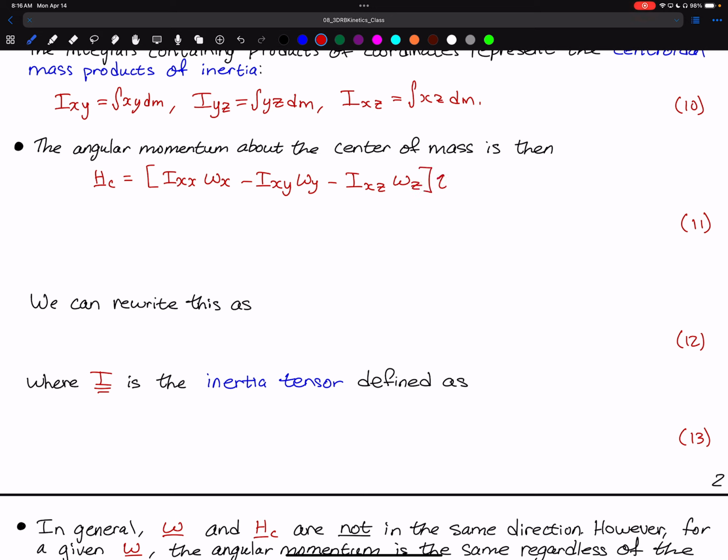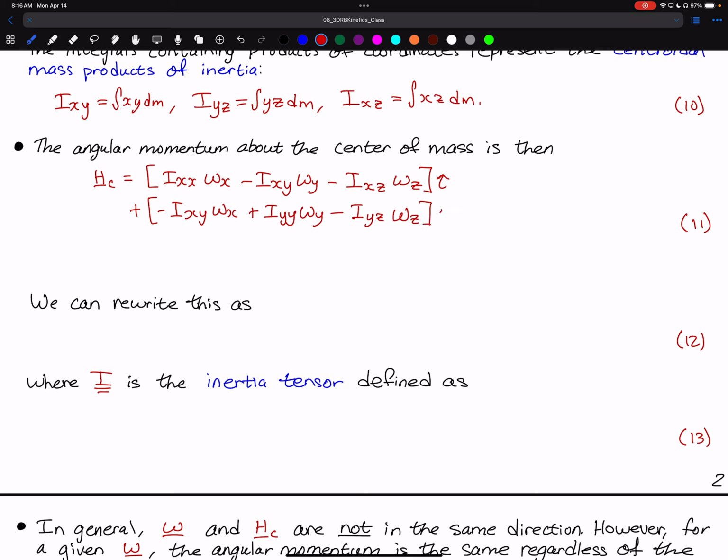That's in our i hat direction, plus quantity minus I sub xy omega x plus I sub yy omega y minus I sub yz times omega z.